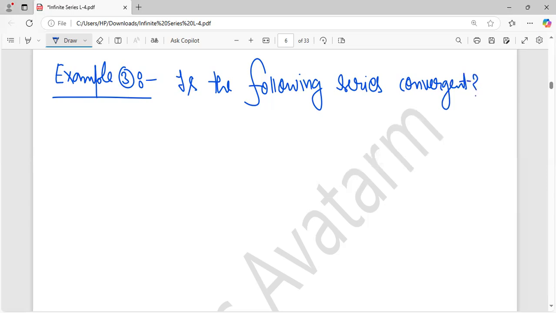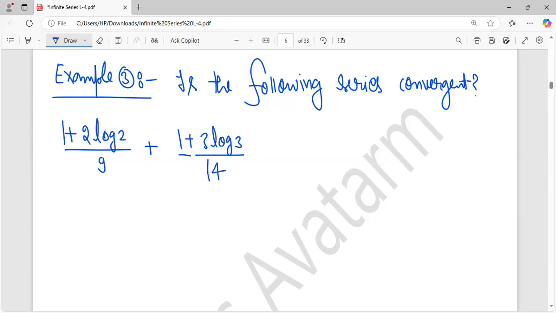What is the series? 1 plus 2 log 2 upon 9, plus 1 plus 3 log 3 upon 14, plus 1 plus 4 log 4 upon 21.